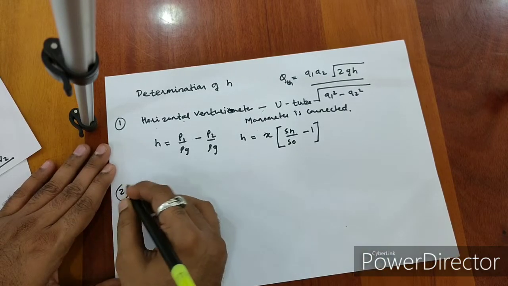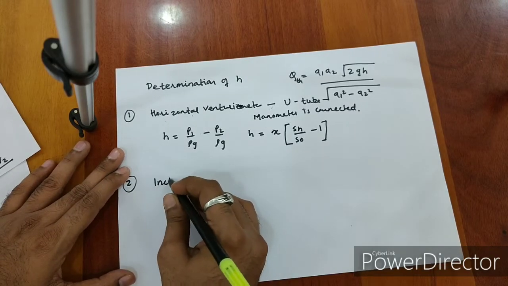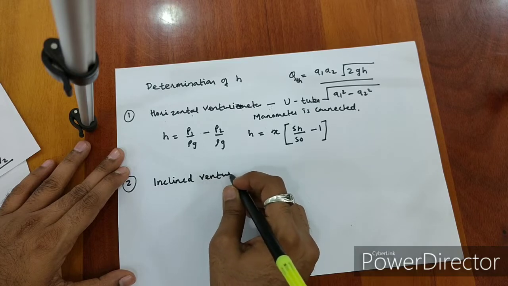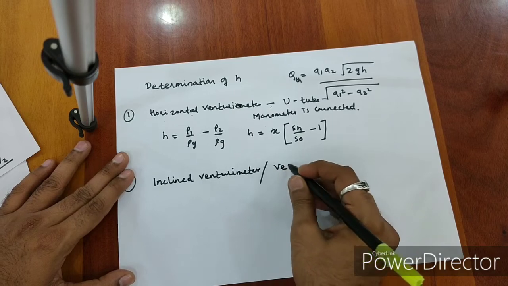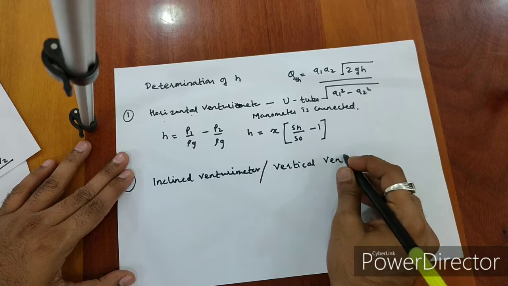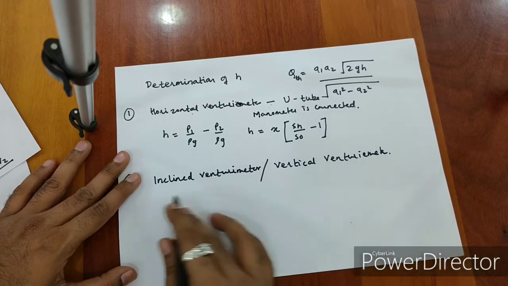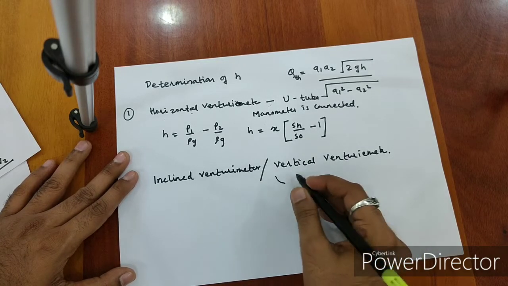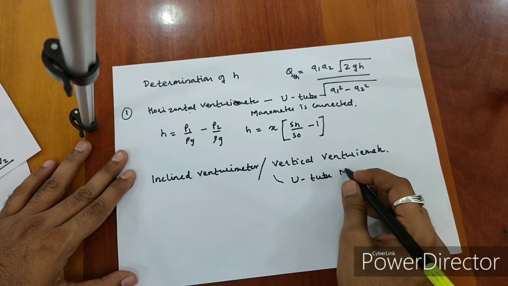Now, when we are dealing with an inclined Venturimeter or vertical Venturimeter, here also let's say that a U-tube manometer is connected.